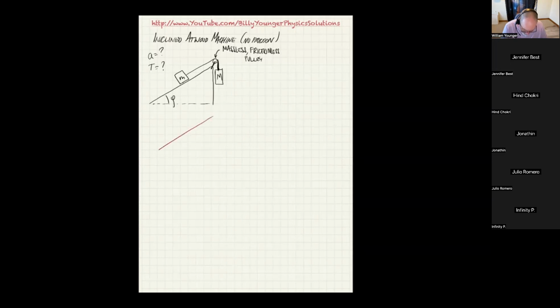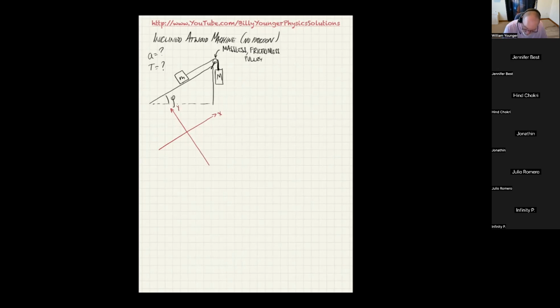What often happens is it's smarter to choose a coordinate axis that is parallel to the incline, like so.